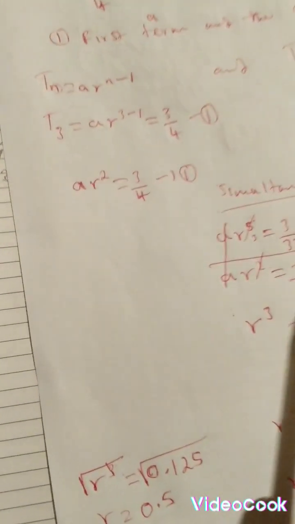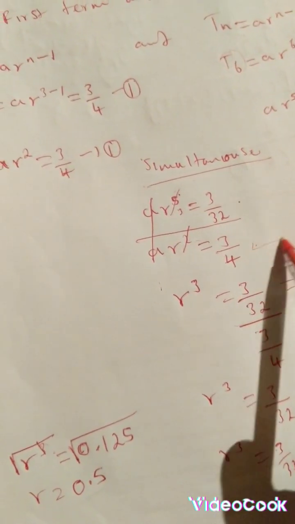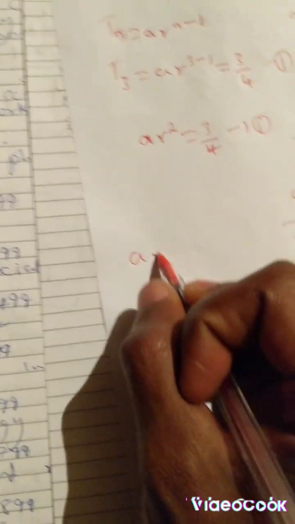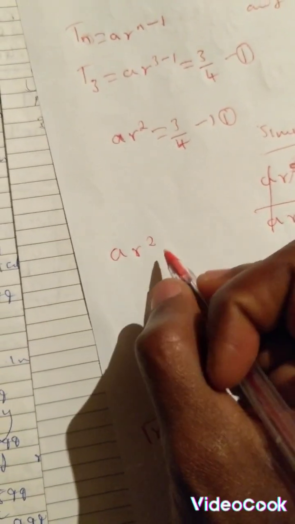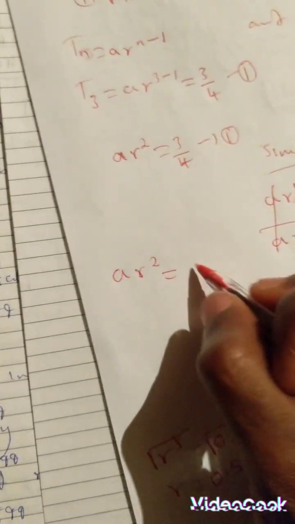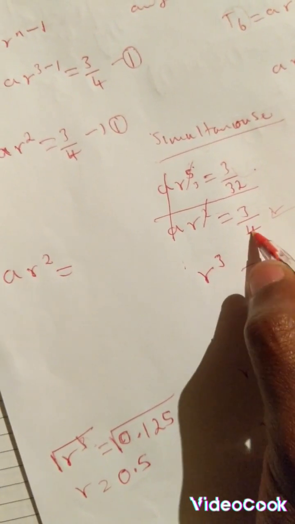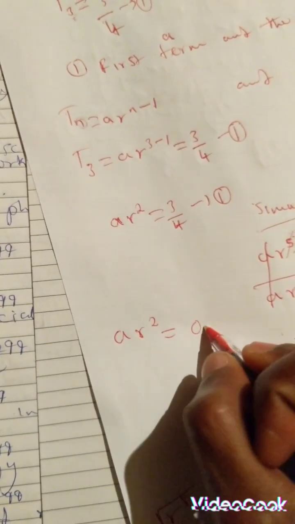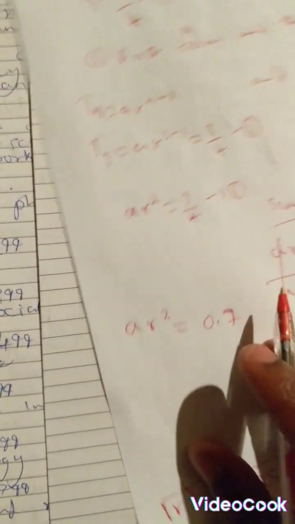If I choose this one, or you choose that one, the answer will still be the same. So me, I'm going with this one. So I'll say first term a times r squared is equal to, when I divide here, it will give me 0.75.